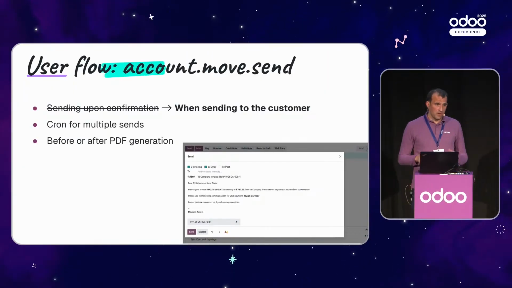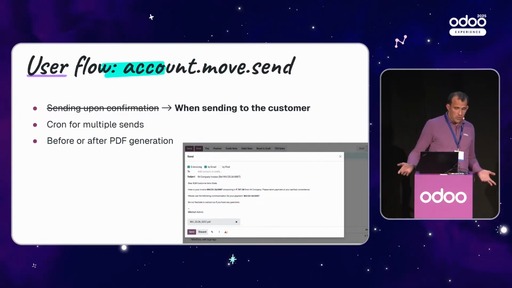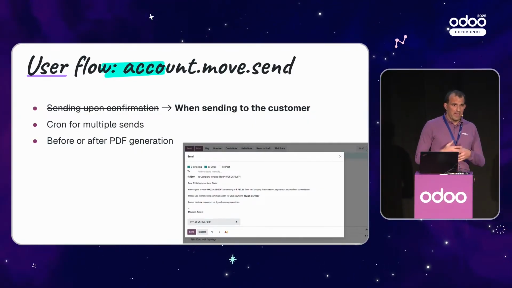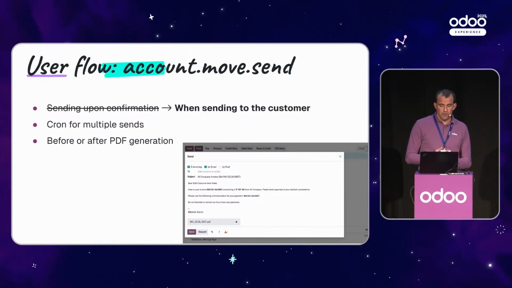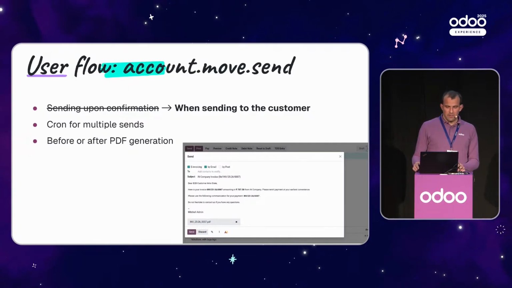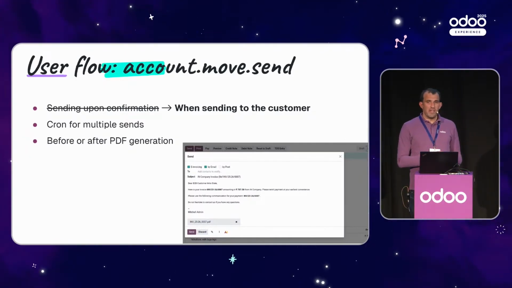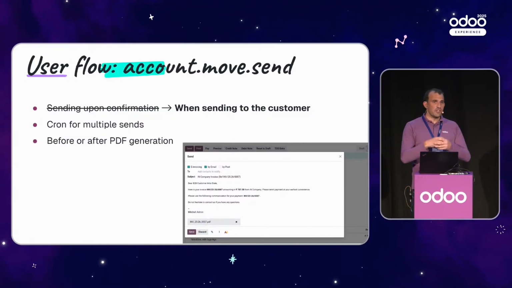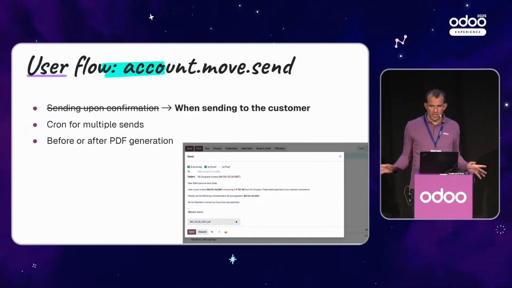So when we are talking about electronic invoicing, the user also does something, and we wanted to make it as easy as possible that if you create your own electronic invoicing for your favorite country, you can easily add it in the interface. Before we thought the ideal would be that if you confirm the invoice, it sends it in background immediately, and you don't have to worry about it.